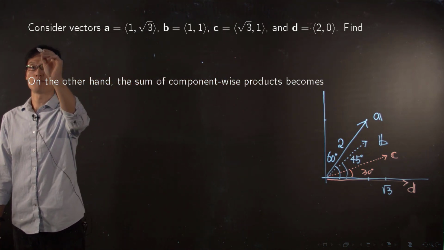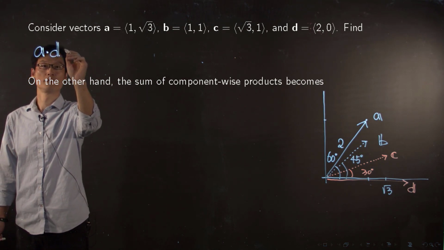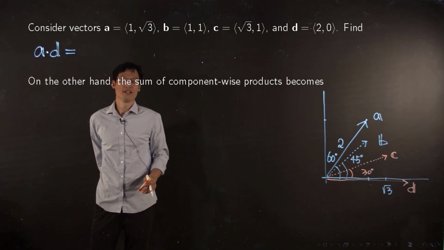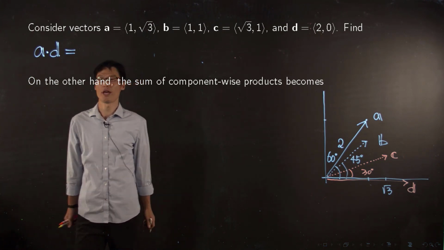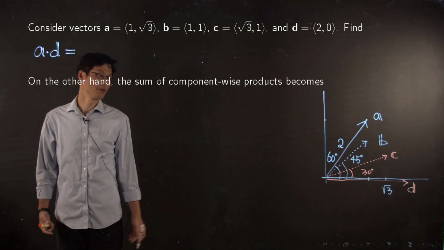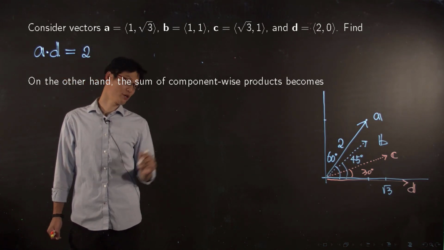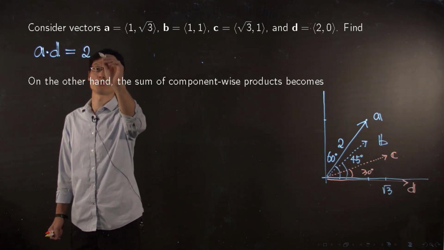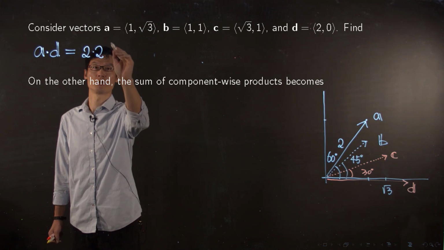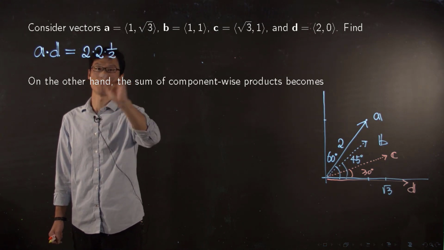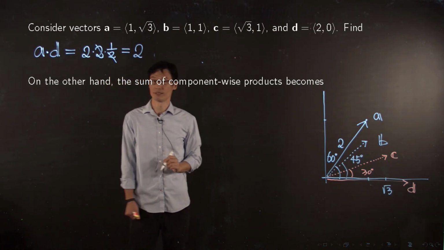Let us first calculate the dot product between A and D. This vector A has a magnitude 2, and horizontal vector D has a magnitude 2, and cosine 60 is 1/2. After canceling, this dot product is 2. Good.